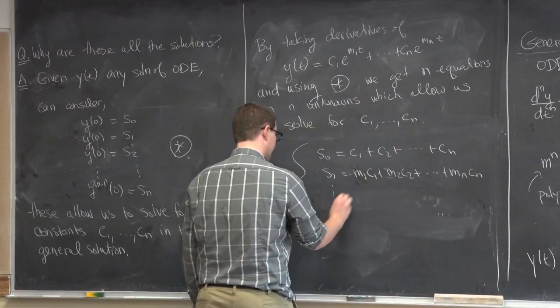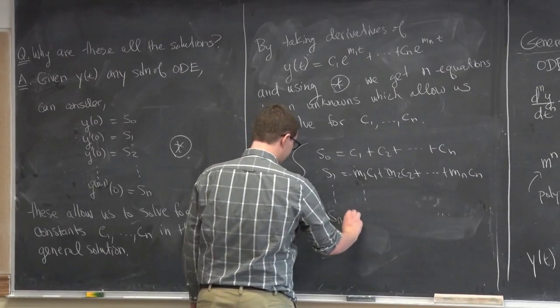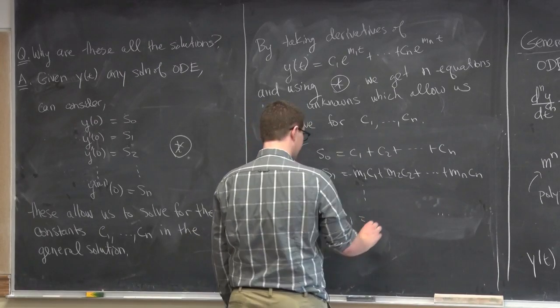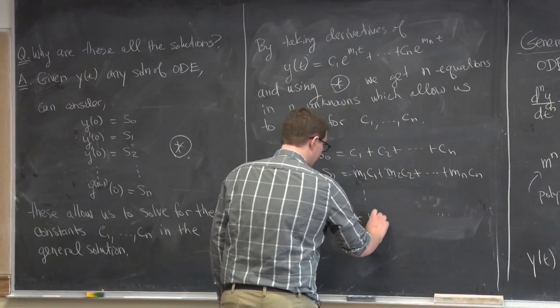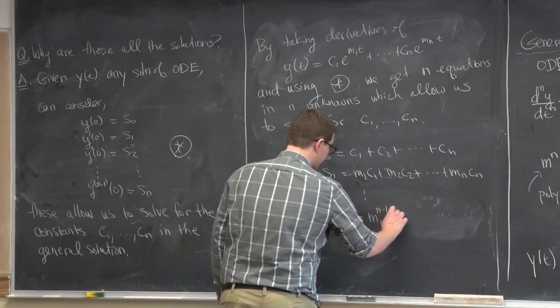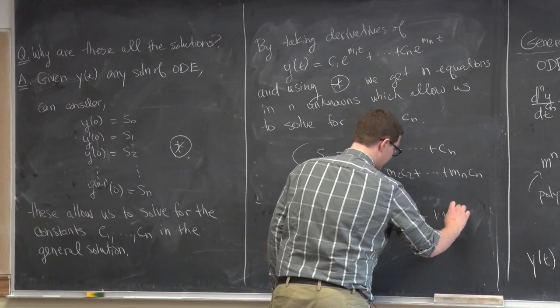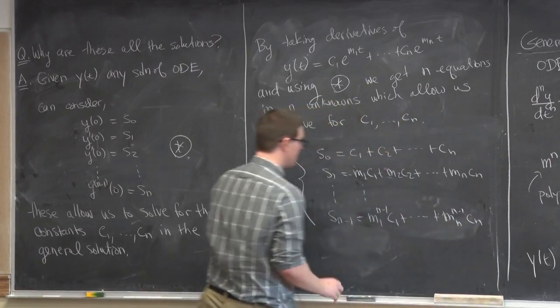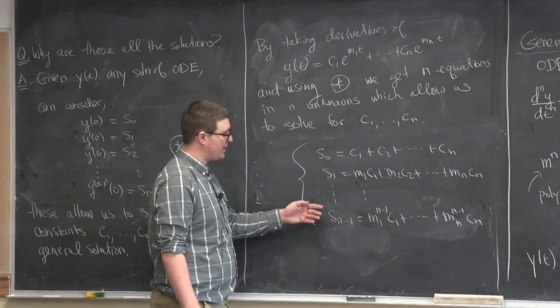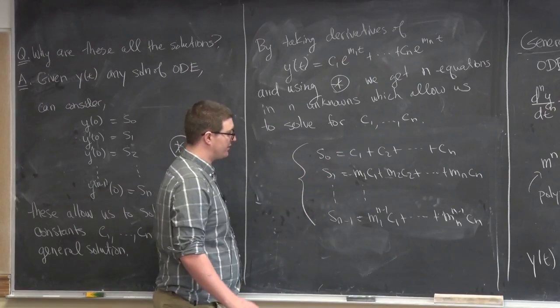And then I could keep going. Sn minus 1 looks like this. It's equal to M1 to the n minus 1 C1, plus Mn to the n minus 1 Cn. Okay, so you see that you get n equations starting at 0 up to n minus 1, and n unknowns.